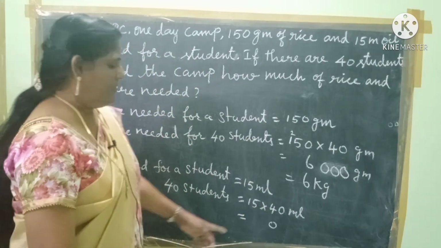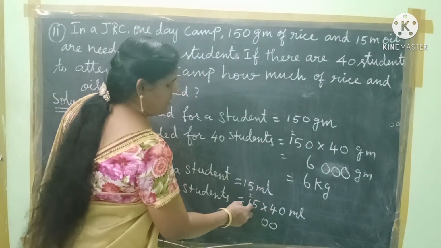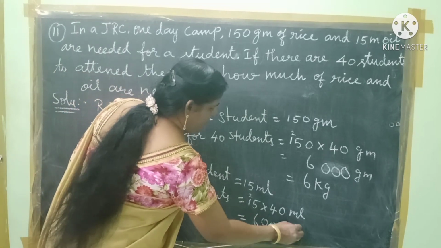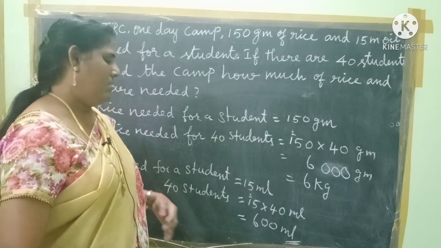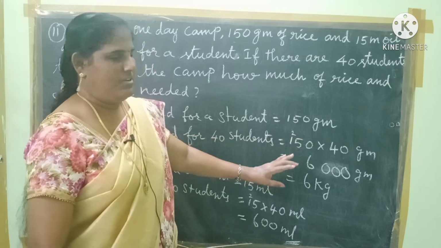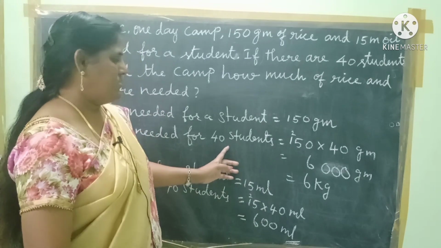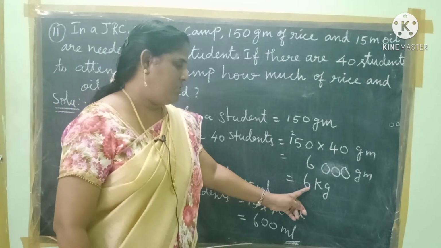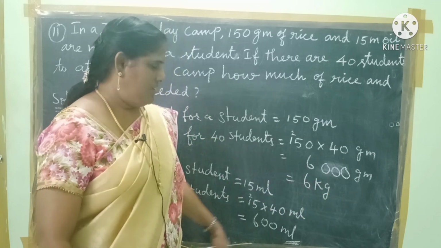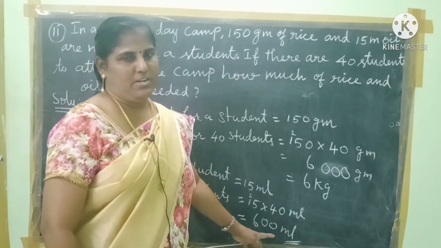First you put 0, 4 5s are 20, carrying 2, 1 4s are 4, 4 plus 2 is 6, 600 ml. So how much oil do they need? 600 ml. Separately you should find out how much rice and how much oil. So for 40 students, we need 6 kilogram rice, that means 6,000 gram is 6 kilogram. For oil, for 40 students, 600 ml we need. Okay, let us see the next one.